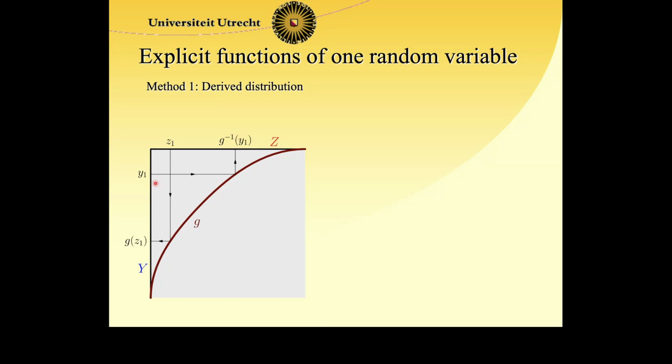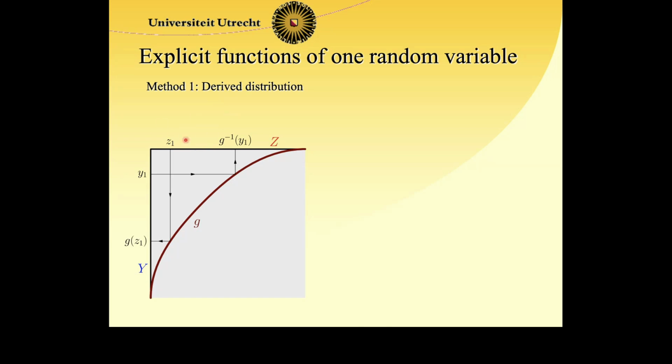That's important because applying the function doesn't impact the rank order of the values. So if z1 is smaller than z2, then the y belonging to z1 is also smaller than the y belonging to z2, right?